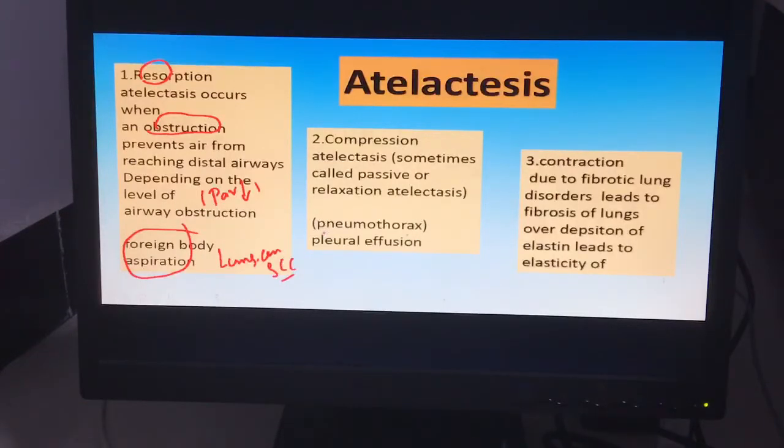Compression collapse is due to air in the pleural cavity or water in the pleural cavity. Okay. And contraction collapse is due to fibrosis of the lungs, or too much deposition of elastin. What happens then? Elasticity increases. So the elastic force increases, becomes dominant and leads to collapse. It's all about atelectasis of the lungs, so collapse of the lung, three different types of collapse.